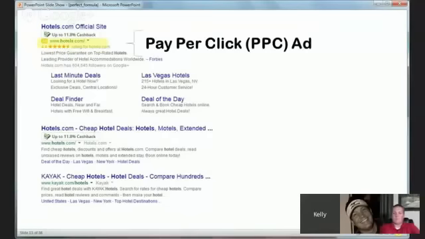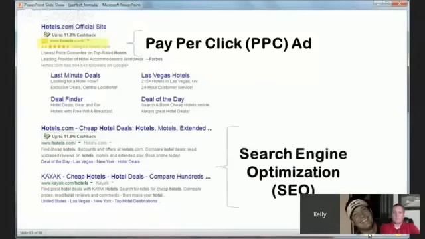So at the top where it says AD, well, guess what that is? That's an ad. Someone paid for that, and that's called pay-per-click or pay per impression. But there's something else that pops up below any of the ads that were paid for, and these are called search engine optimization results.